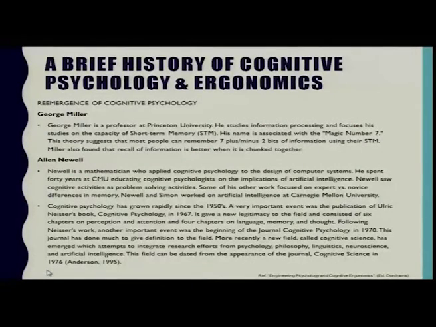Now, as far as the history of cognitive psychology that we have been covering from past lectures, I am putting it at the very last, so that a refresher can be performed of cognitive psychology's various progress. George Miller is a professor at Princeton University, and he studies information processing and focuses on the capacity of short term memory.